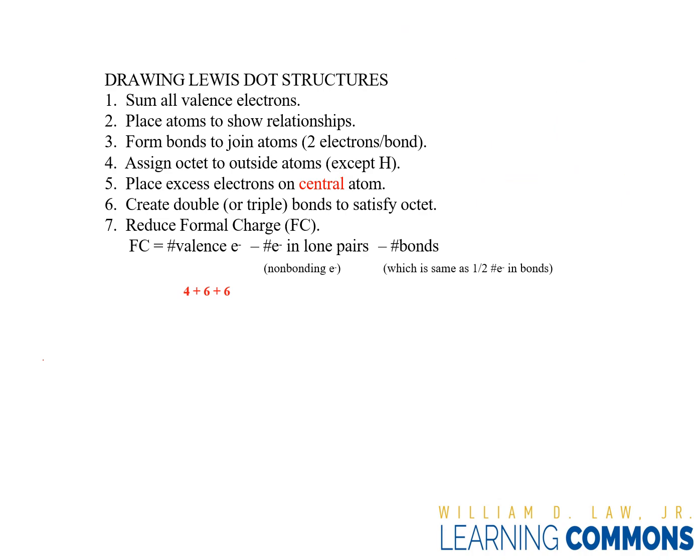Be careful when you apply this: take the valence electrons of the element by itself, minus the lone pair if you find it, minus the number of bonds, or the number of bonding electrons divided by 2, and you will find the formal charge of the specific element in that compound.